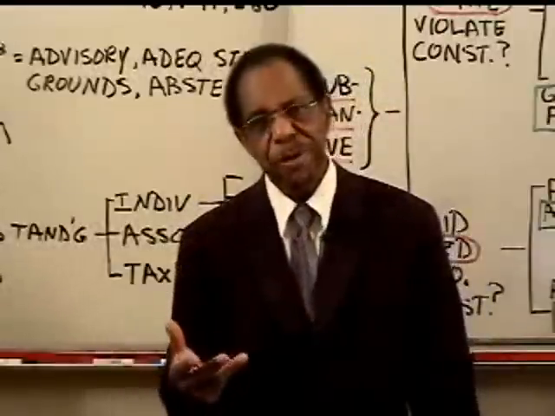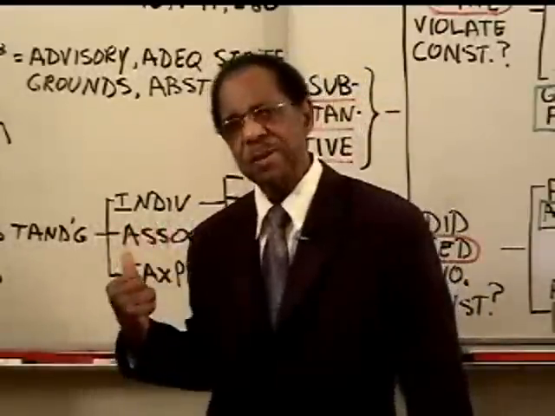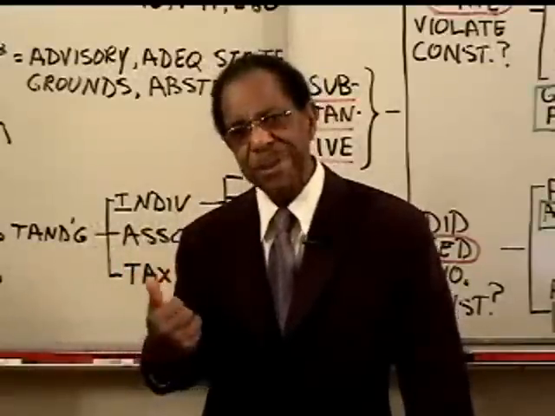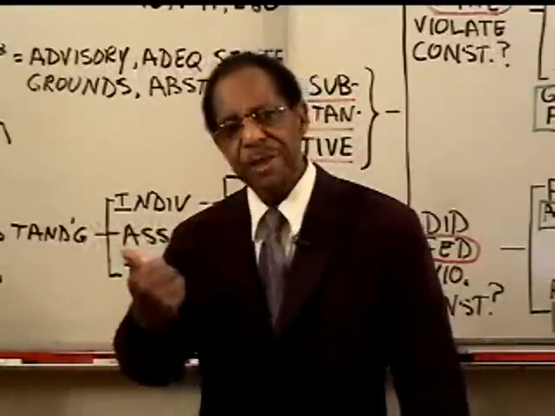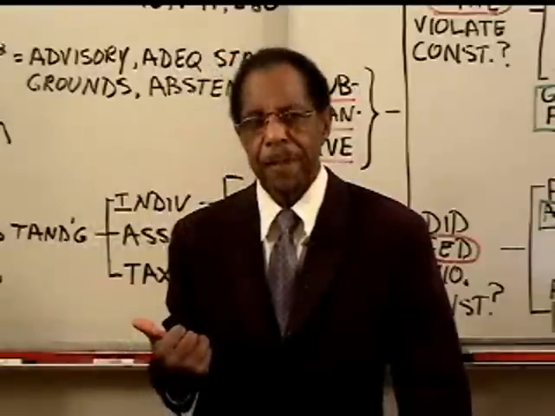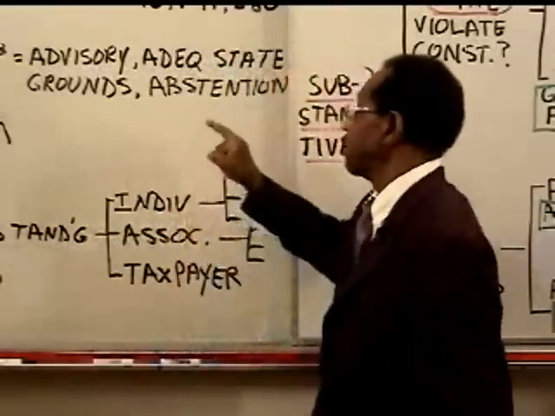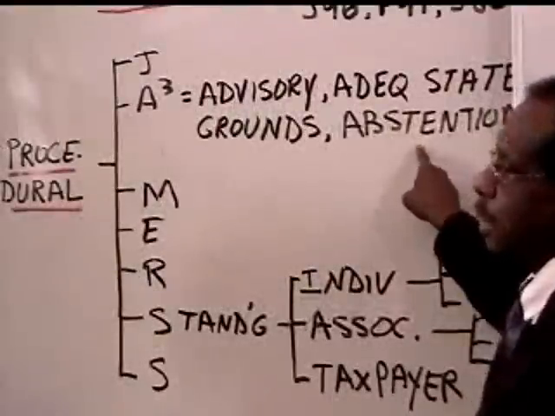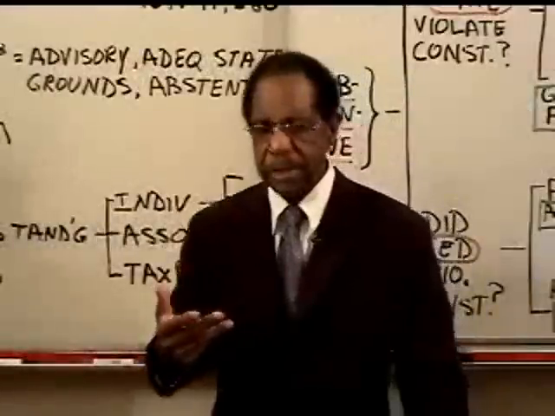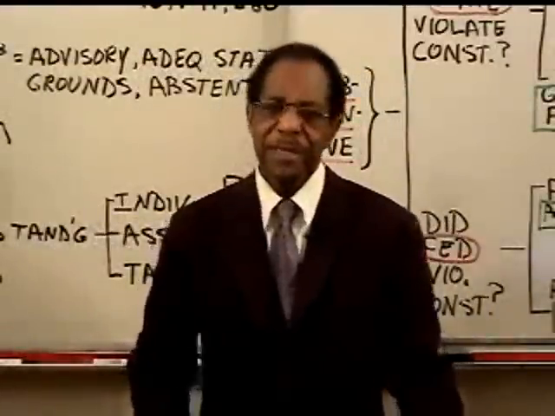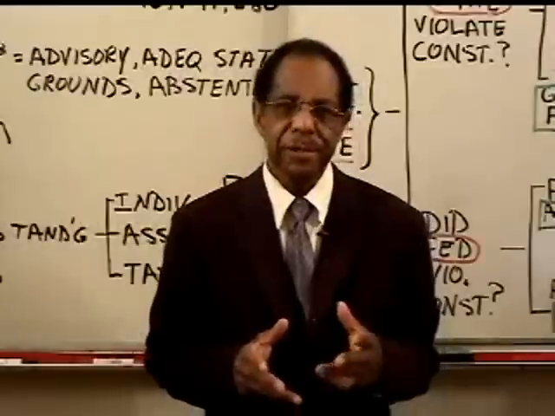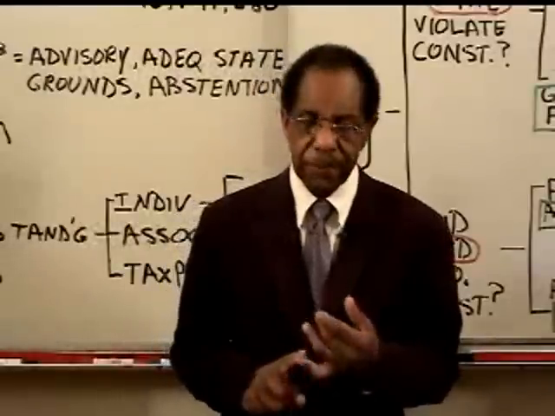Well, doesn't it seem reasonable to let the state Supreme Court interpret the state statute and see if they can save it first? And so the abstention doctrine says that if this is a state law which has not yet been interpreted by the highest state court, that's the first requirement.